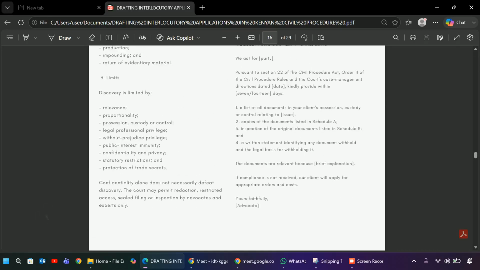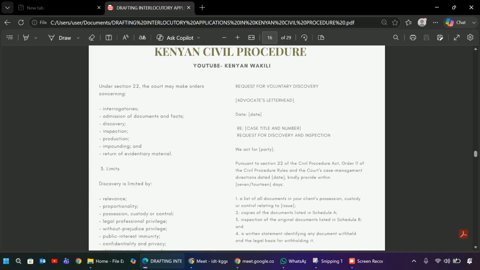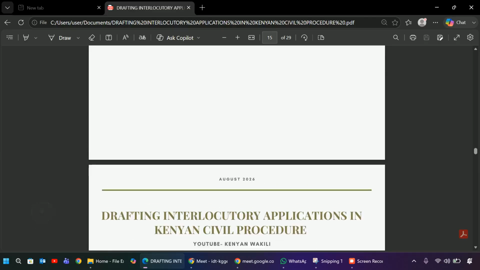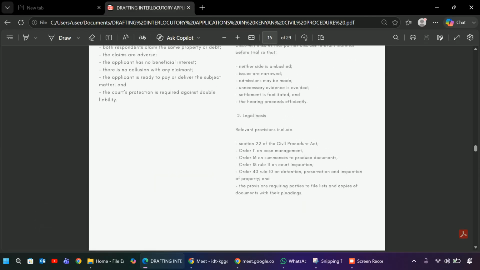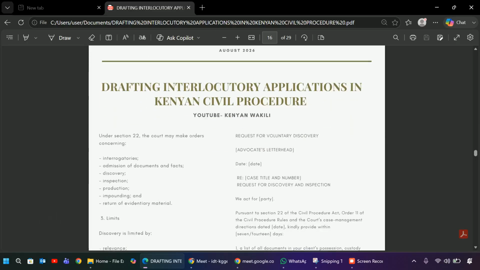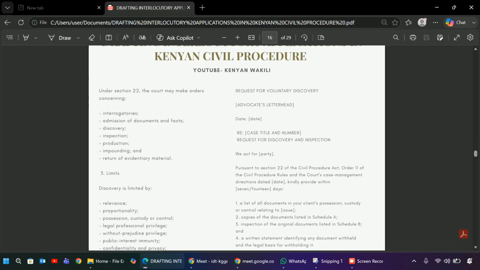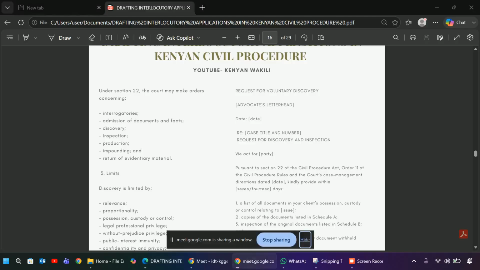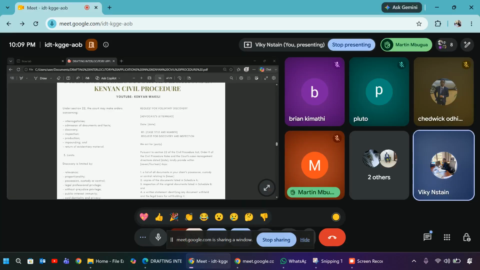Basically, it is applicable both in trial advocacy and civil litigation in one way or another. So, Pluto, how will you approach court and tell court that, look, I need to request these documents from the other party? Do we file an application, or we say it orally during pre-trial conference management procedures?